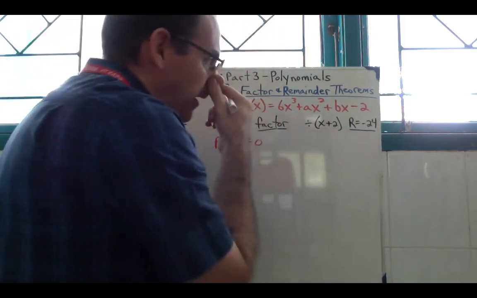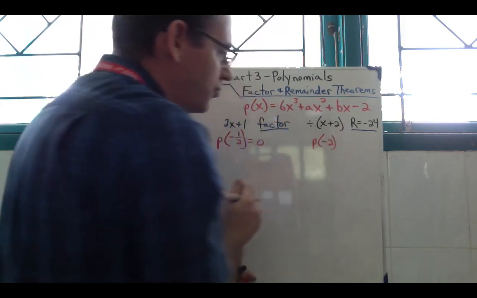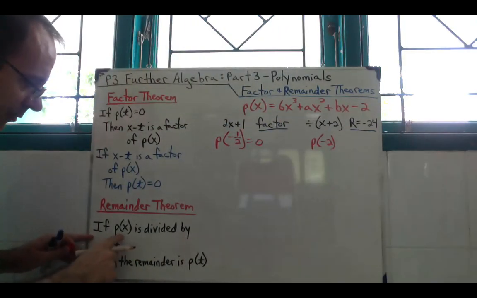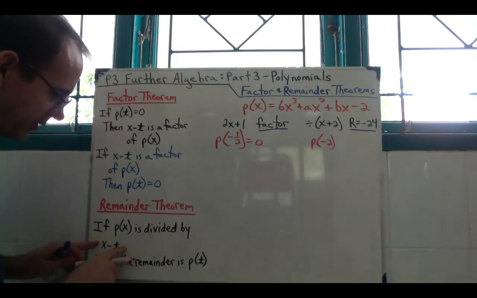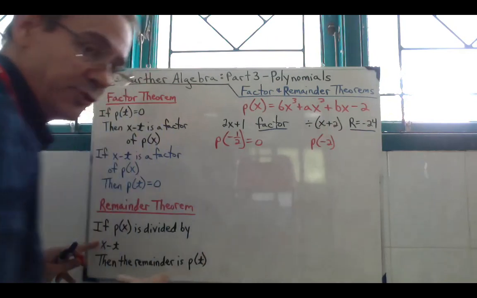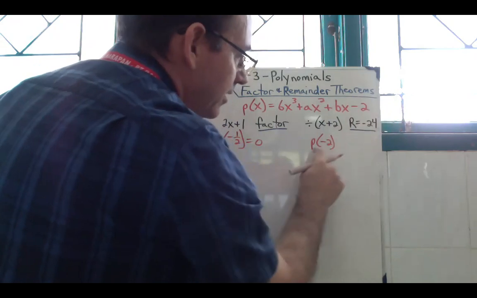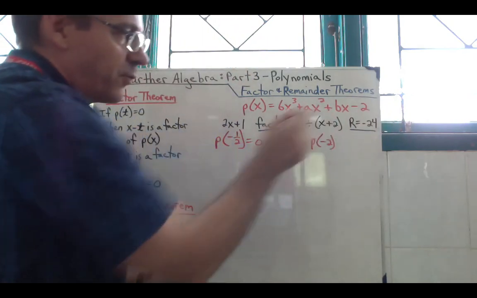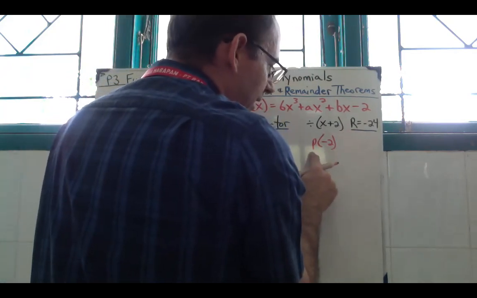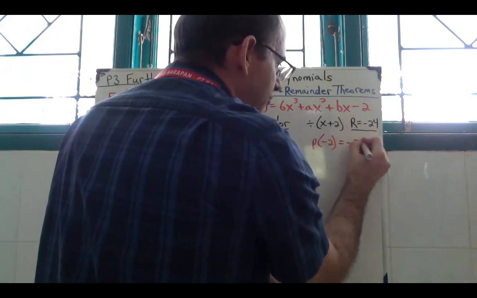And over here, our polynomial evaluated for negative 2 will give us negative 24, because if our polynomial is divided by a particular factor, here the factor x plus 2, then the remainder is the polynomial evaluated for the t that is the solution to the factor. So evaluating our polynomial for negative 2 will give us a remainder of negative 24.